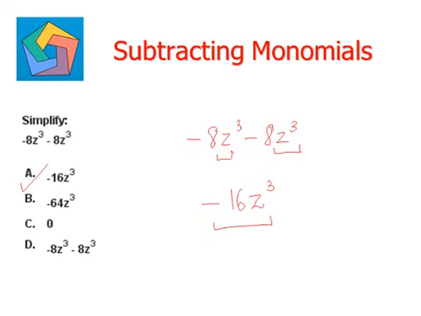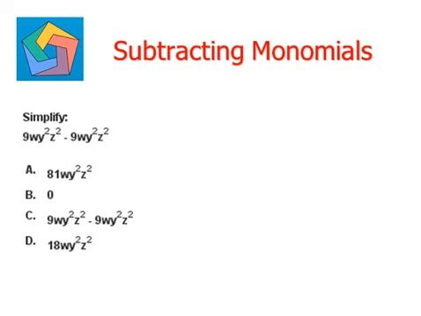Now it's getting simpler, so let's try another example. We have 9w y square z square minus 9w y square z square. Now let's first find out if they are like terms or not. We have w y square z square, which is again here w y square z square.